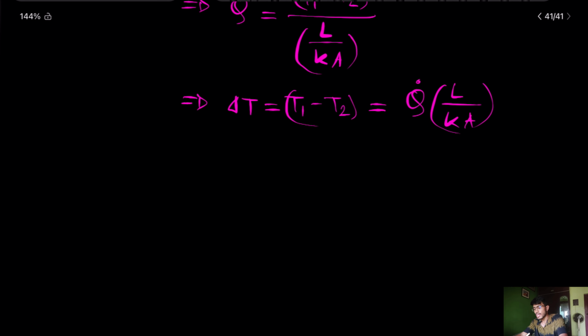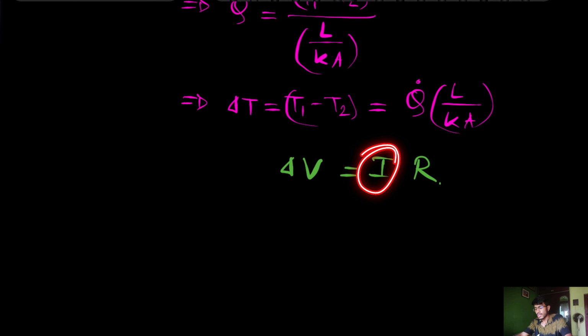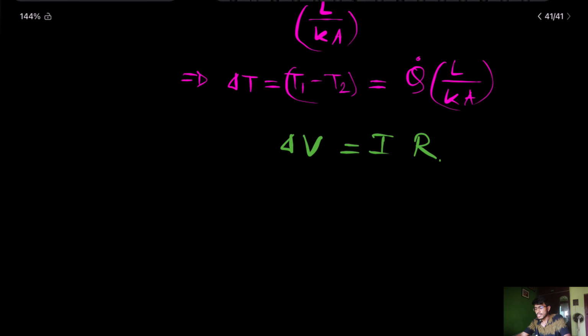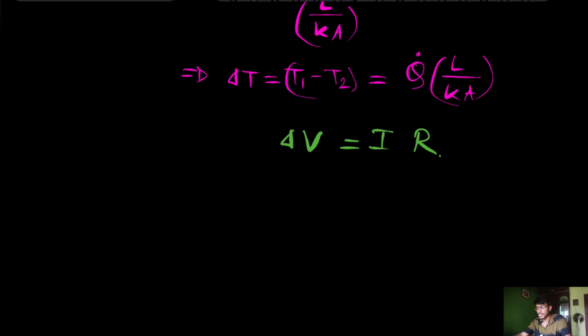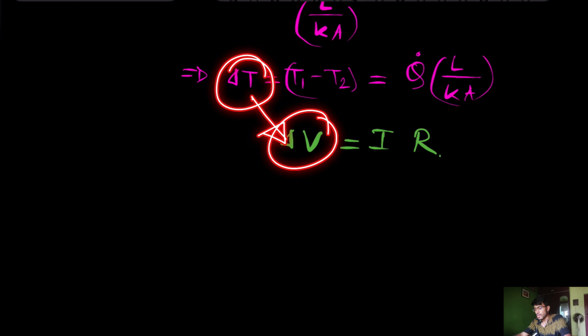This is analogous to the formula delta V equals I into R. Taking this electrical analogy, heat flow is analogous to current, this L by KA is called thermal resistance, analogous to electrical resistance, and temperature difference is analogous to voltage difference.